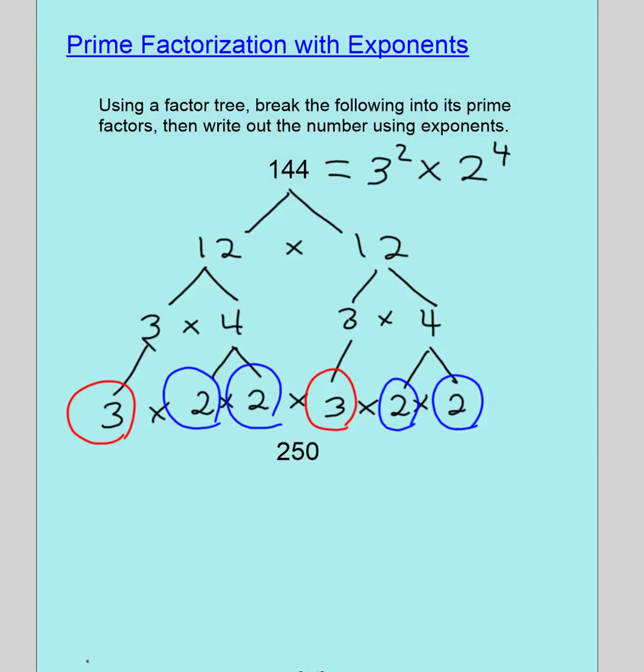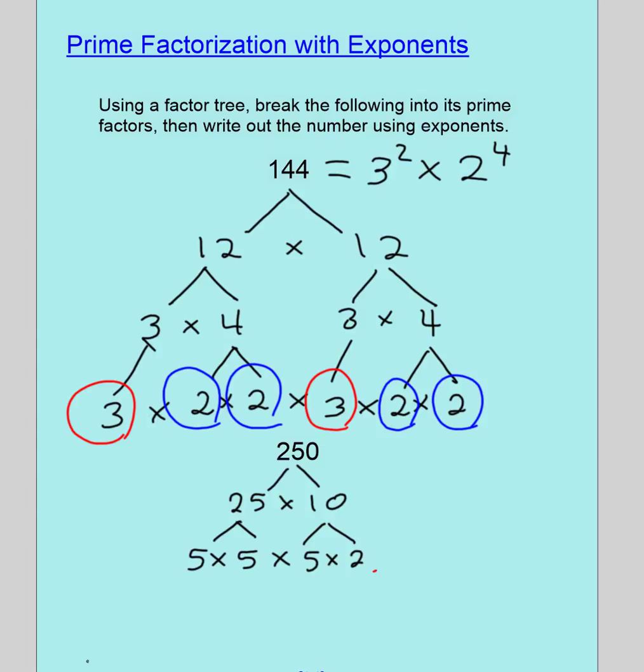So let's do the same with 250. Think of two numbers that multiply to give you 250. I'm going to do 25 times 100. Sorry, 25 times 10. You might choose something different, and that's okay. Then we'll break down each number until we're left with only prime factors, and that would be our final answer. But now we're going to go a step further, and we're going to do it in exponential form.